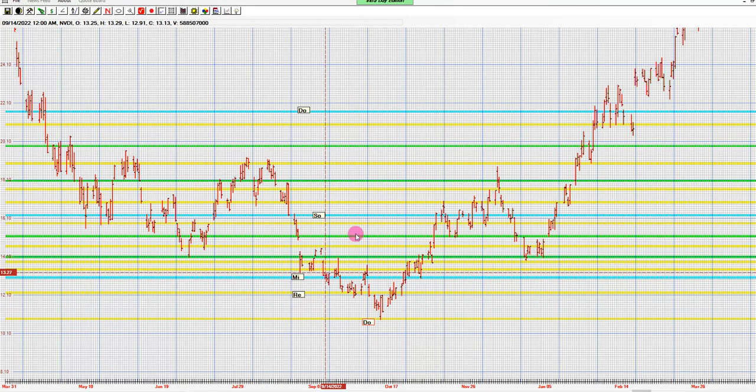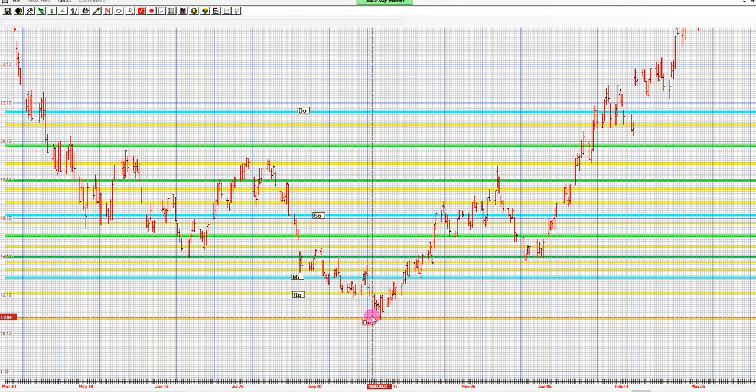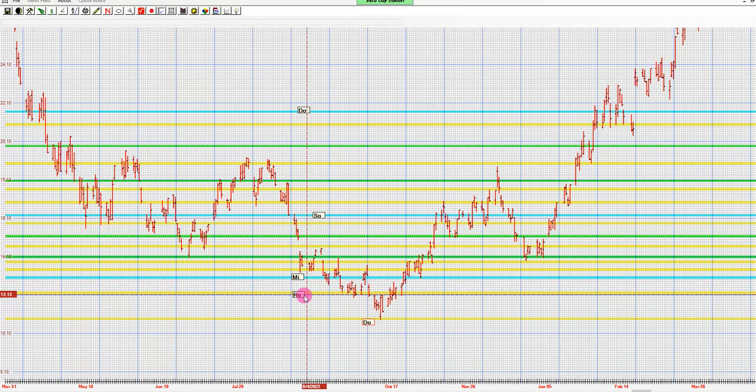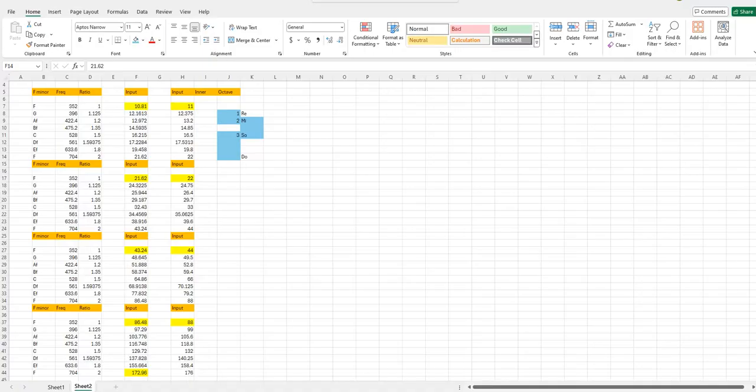So from the Gurdjieff work, we know that inside the larger octave, we can only create octaves between Ray and Me, Me and So, and So and Do. So bringing this Excel sheet back in, we can create an octave here on the Ray note.